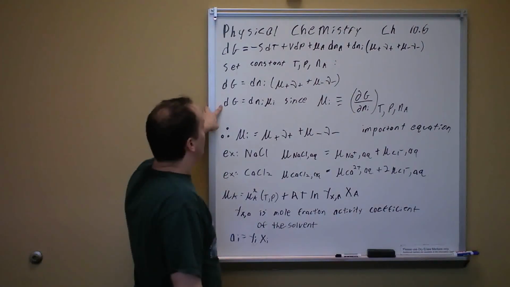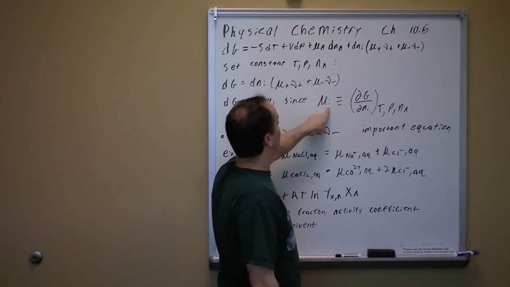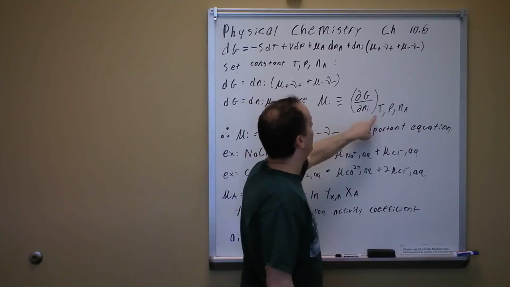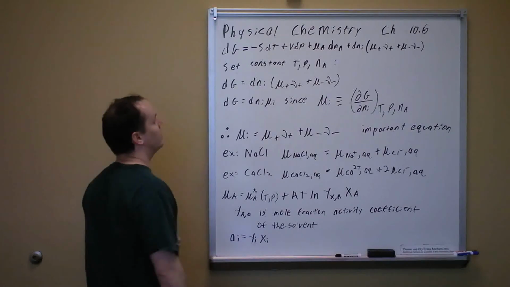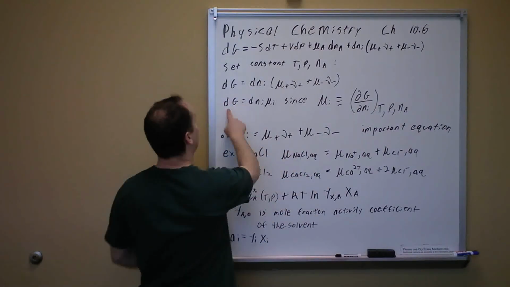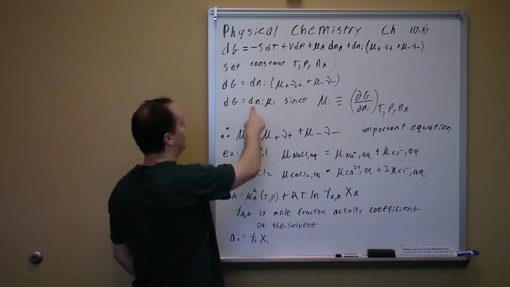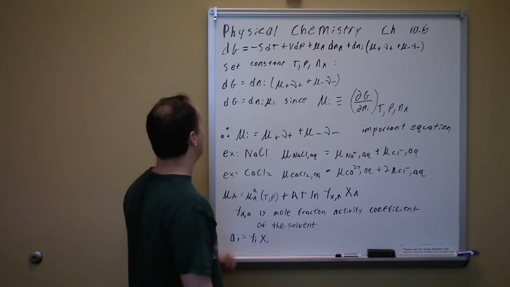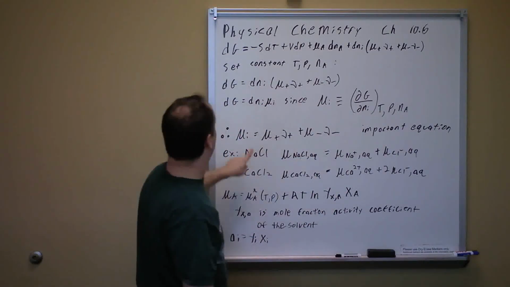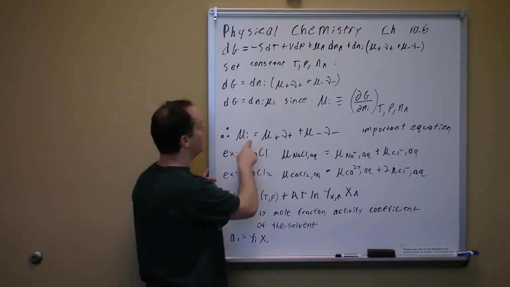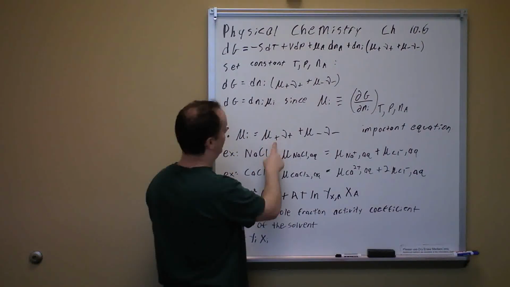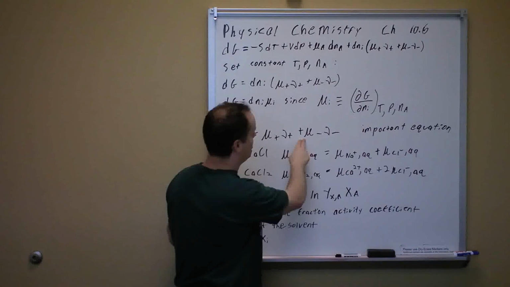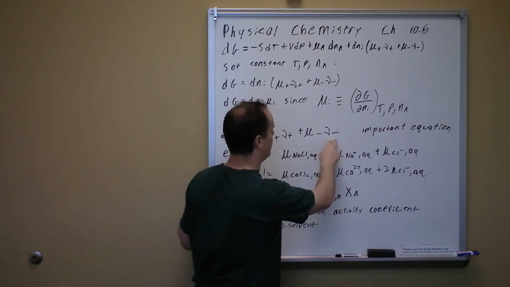Also, since the chemical potential of our substance I is defined as the derivative of the Gibbs free energy with respect to the number of moles of I, holding temperature, pressure, and the number of moles of our solvent constant, then we know that the differential of the Gibbs free energy is just equal to the differential of the number of moles of our substance I times mu I. So, using these together, we can conclude that the chemical potential of our electrolyte is equal to the chemical potential of the cation times the stoichiometric coefficient of the cation plus the chemical potential of the anion times the stoichiometric coefficient of the anion.